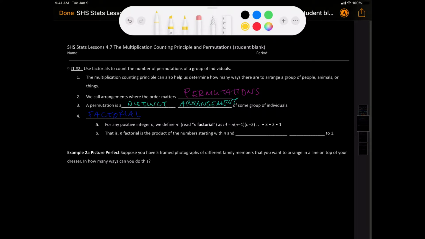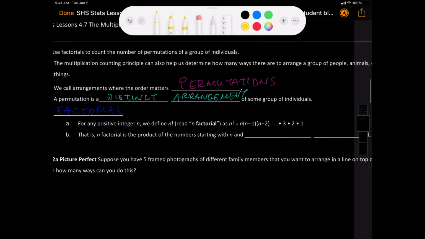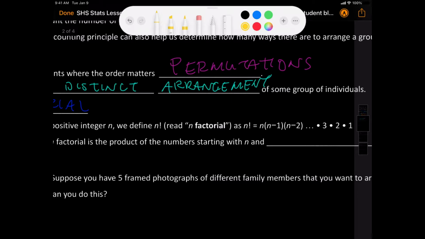What is a factorial? For any positive integer n, we define n, with an exclamation mark, which we read as n factorial, as equal to n times n minus 1, n minus 2, and so on.